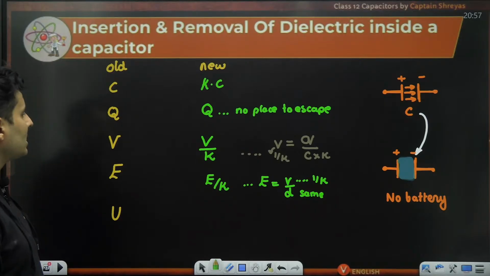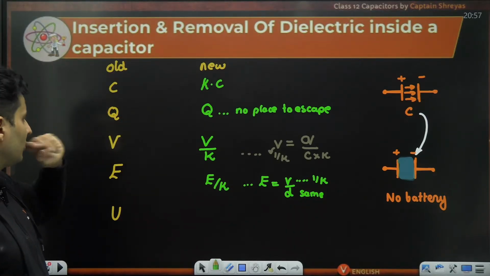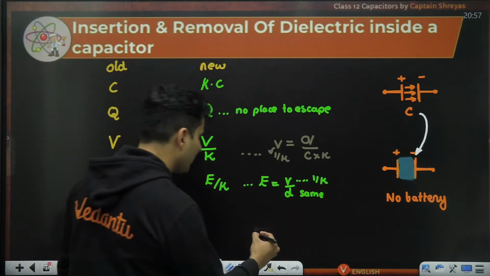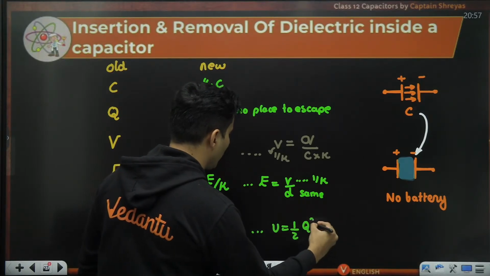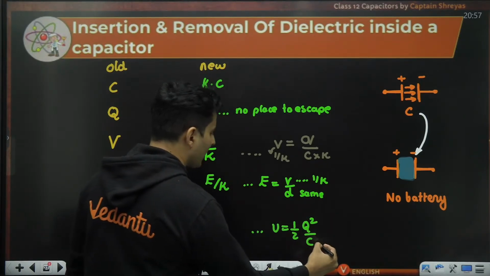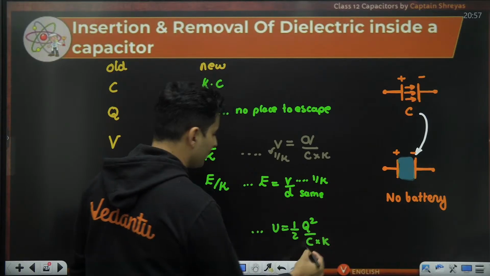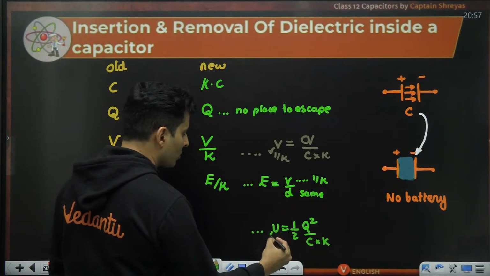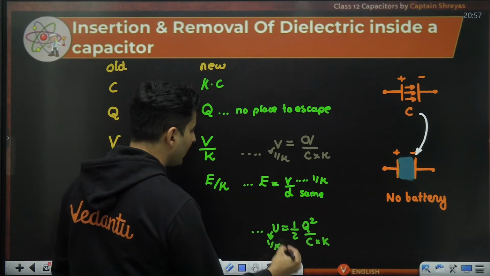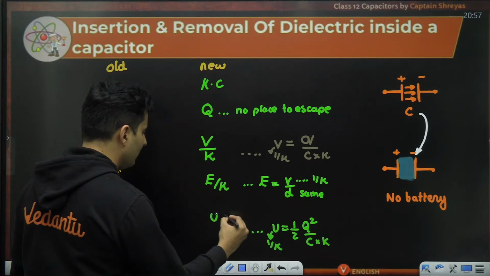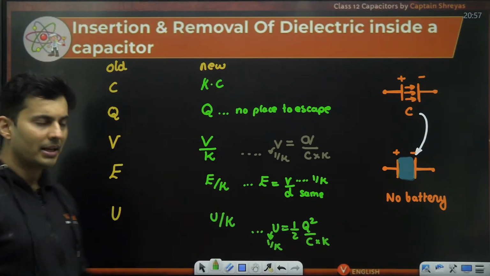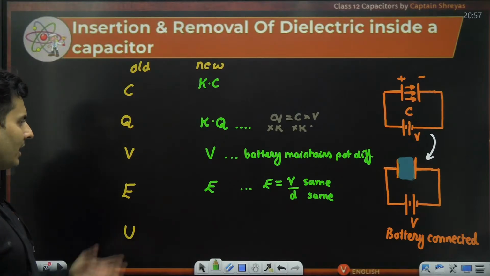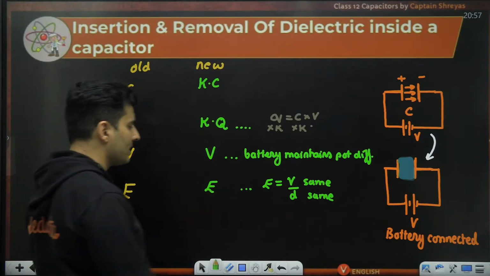What about the energy? Here charge was not changing, capacitance was changing. So if I use energy is equal to half Q squared by C, capacitance has become K times and it is in the denominator. So energy will become U by K. Whereas in the case of the battery being connected, voltage is constant.